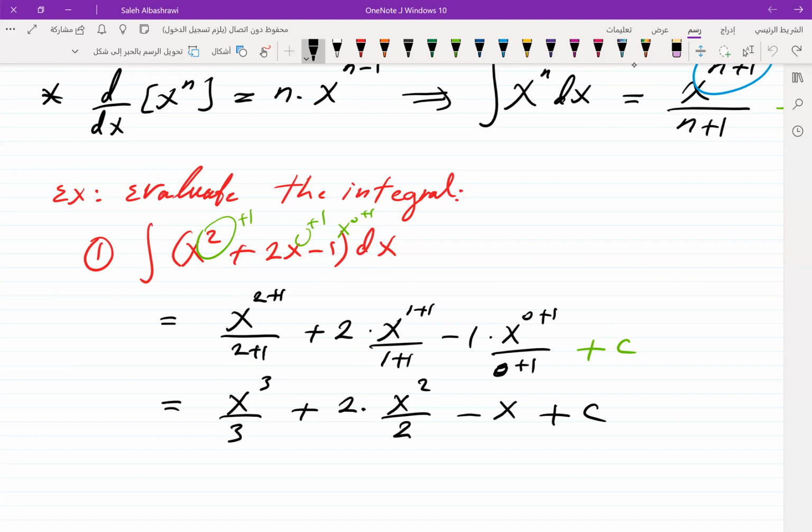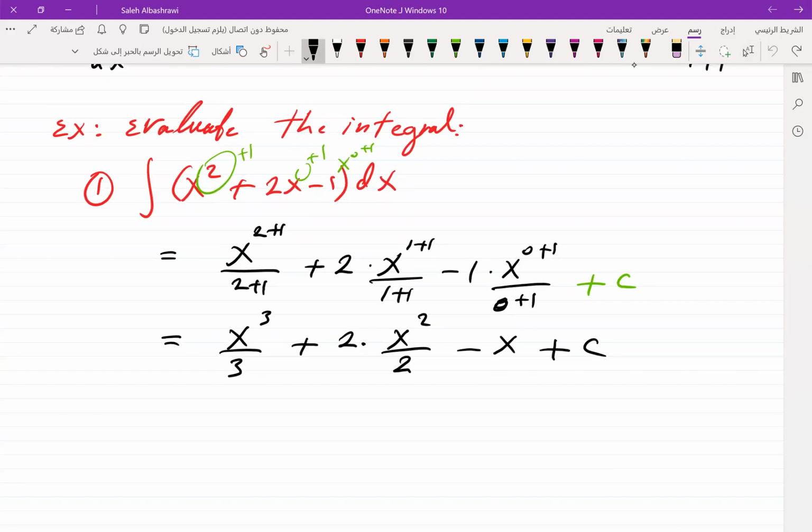This is the integration, or the original function, for the function x squared plus 2x minus 1. Or I can write it as 1/3 x to power 3 plus, this will cancel with this one, x squared minus x plus the constant c. This is the idea of the integration.